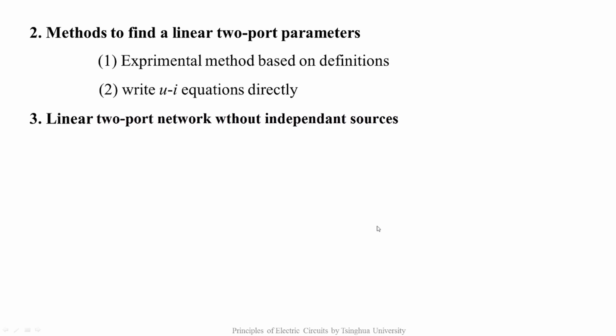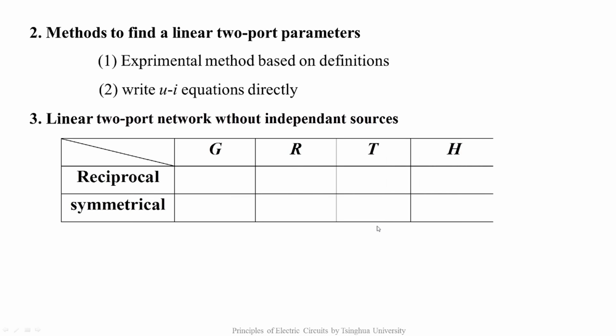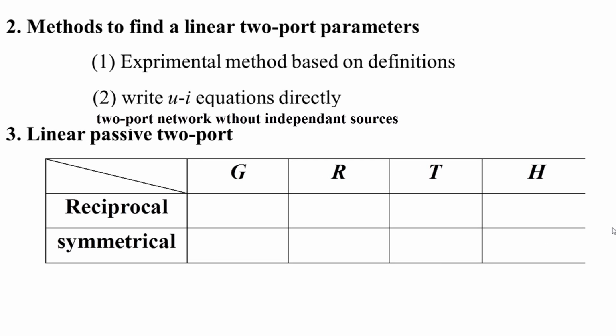Thirdly, for a linear two-port network without independent sources, if it's a reciprocal two-port or a symmetrical one, it should satisfy some conditions. Let's summarize them. For a reciprocal two-port, it's G12 equals G21.